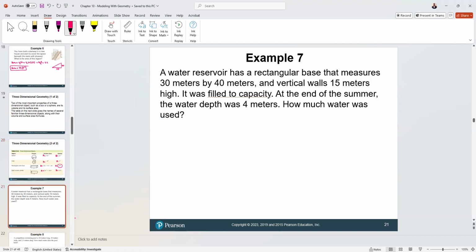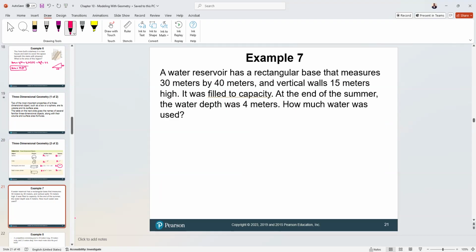Now, let's practice it in one or two examples. A water reservoir has a rectangular base that measures 30 meters by 40 meters and vertical walls 10 meters.